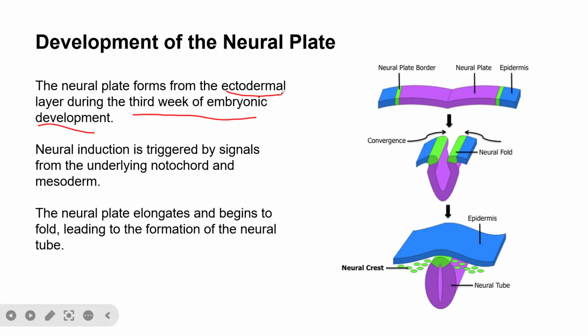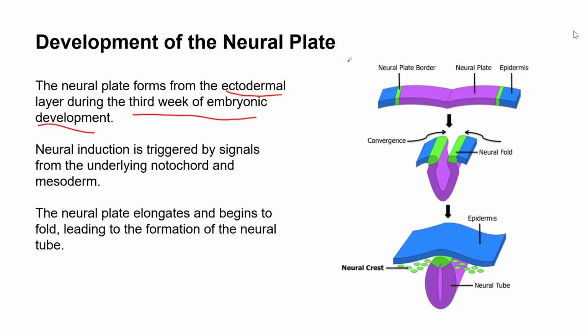Generally, the formation of this neural plate is induced by these signals coming from the underlying notochord and mesoderm. The neural plate then elongates and begins to fold, leading to the formation of the neural tube. So first, the neural plate is generated.